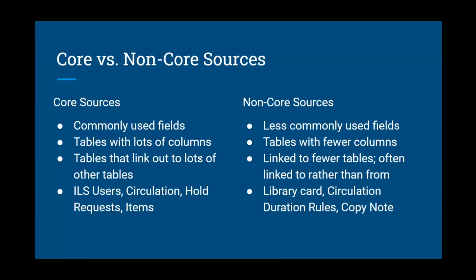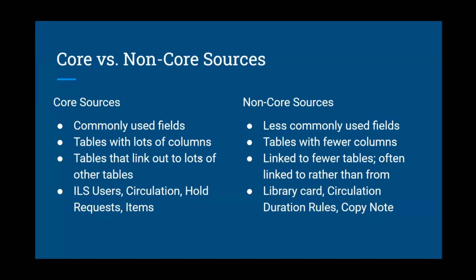But it goes a little deeper than that. I think it's important to think about how the different sources link together. In the last session, we briefly discussed the concept of linking tables, and we're going to talk about that quite a lot today. One of the key differentiators between core and non-core sources is that core sources link out to lots of other tables, whereas non-core sources may only link to one table. They are sort of the product of that linking. So for example, you might have the ILS users table as your core source.